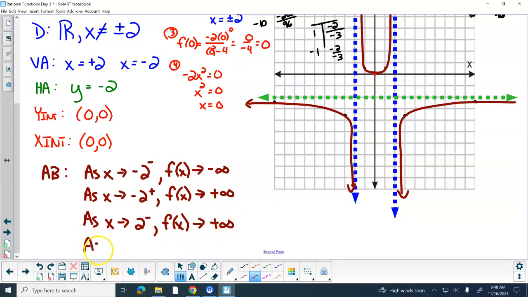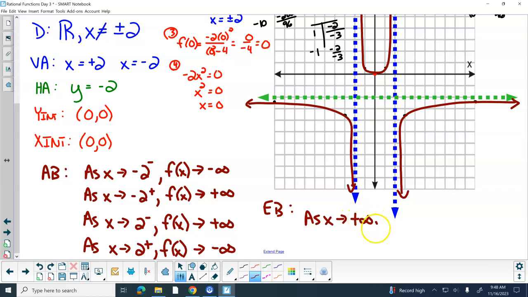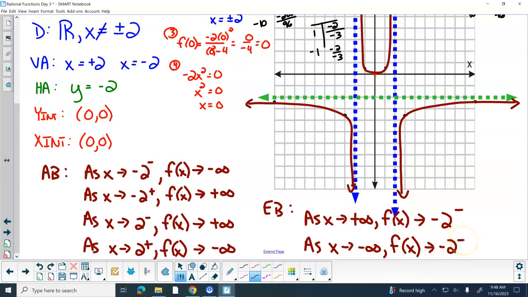And as x is approaching positive 2 from the right, my function is going down to negative infinity. Arrowhead over here. Then I got my end behavior. As x is approaching positive infinity, my function is approaching negative 2 from below. And as x is approaching negative infinity, my function is approaching negative 2 from below.